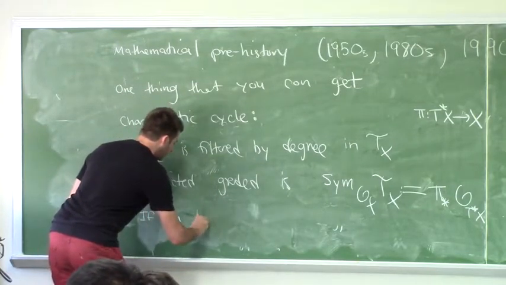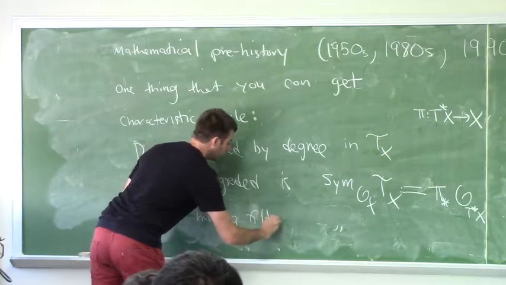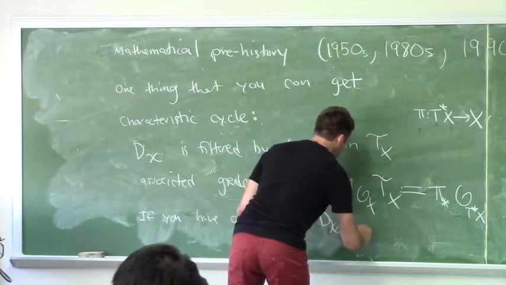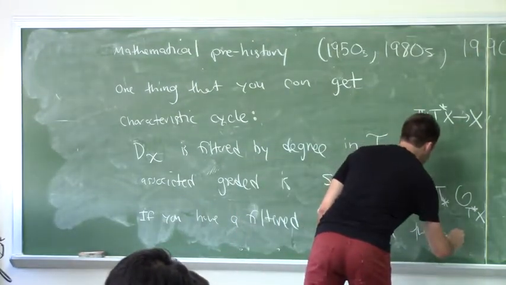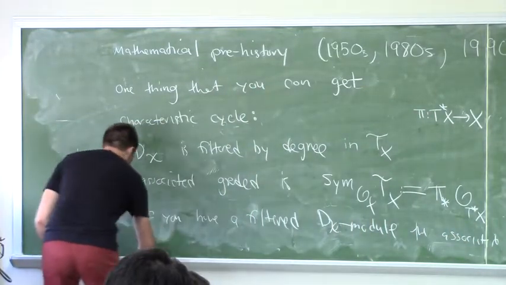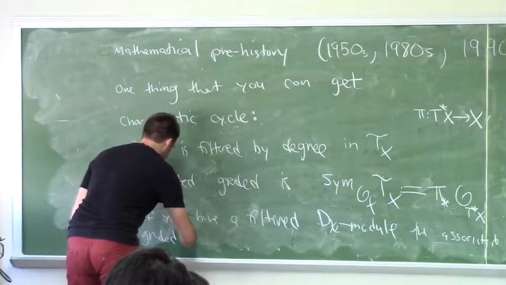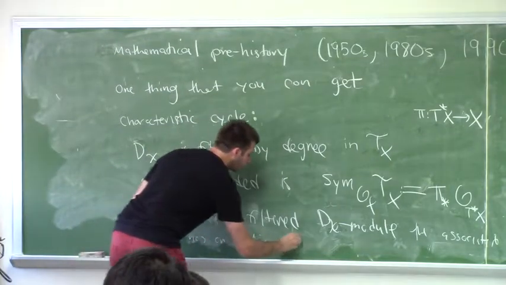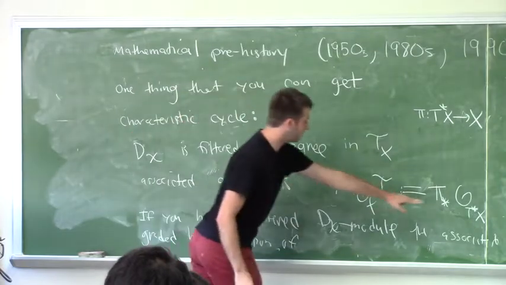So in particular, if you have a filtered D-chi module, the associated graded used to have an action of D-chi, so now it's going to have an action of this.